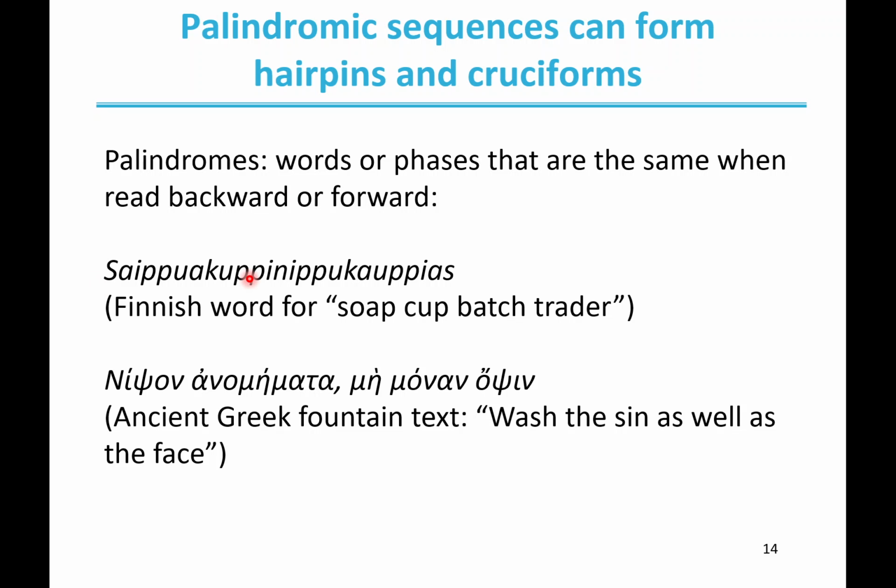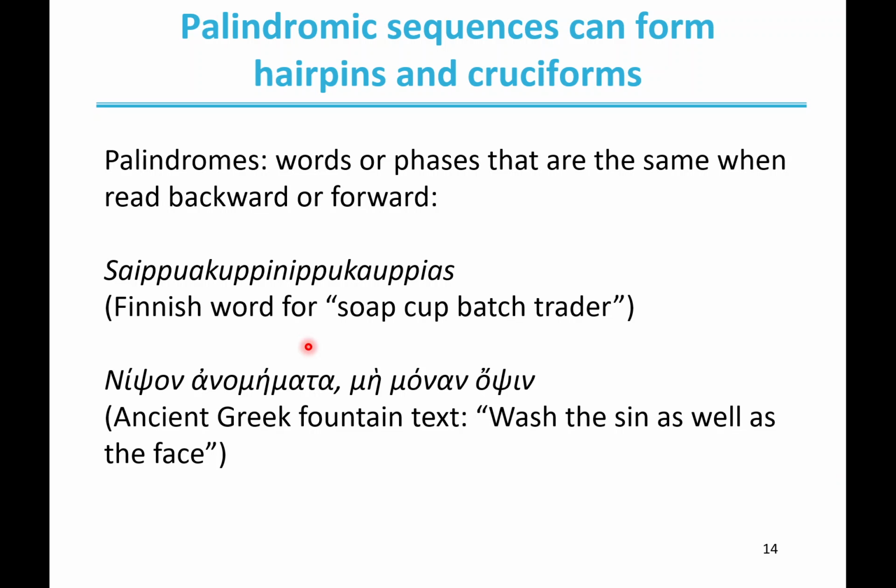This Finnish word, and I'm not even going to try to pronounce that, if you read it in one direction, it's the same as the other direction. This Greek saying is like that too, but if I read that backwards, it doesn't look like what it says forward. I suppose this is a lowercase letter for that. That's another example the book uses, but there are probably some better examples to use than these.